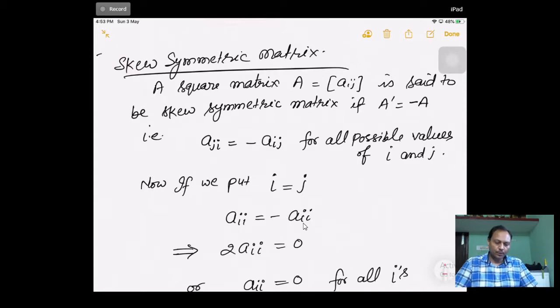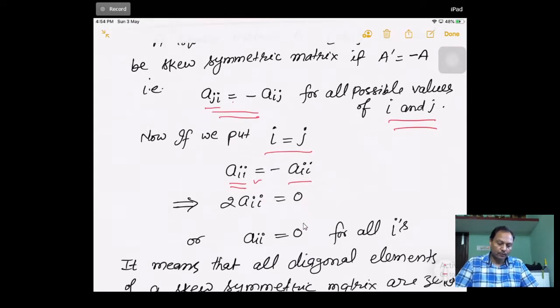Now, if we put i equal to j here, means we are putting i in place of j also, because i and j are equal, then we get aii is equal to minus aii, because j equals i. So it implies that 2 times aii equals 0, and what is the value of aii? That is also 0 for all i.